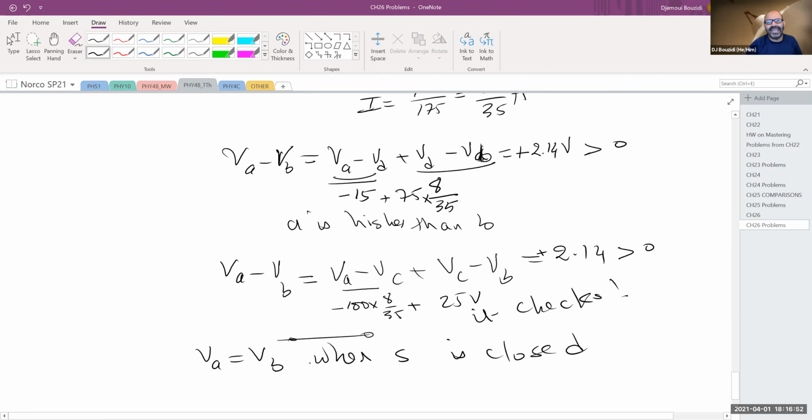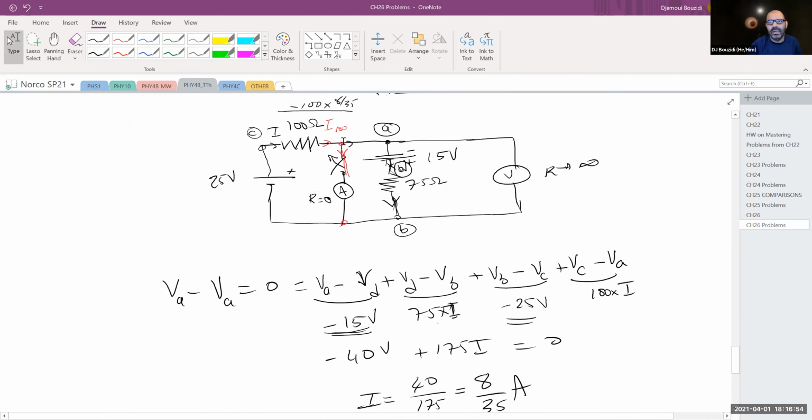Period. Because there is no resistance in here, you're asking me to find VA minus VB now. I could calculate it in here and start to think hard and all of that, but you don't need to do that. You don't need to calculate it that way at all. This voltmeter will read 0, because this point is A and this point is B. Actually, there is zero resistance in here.